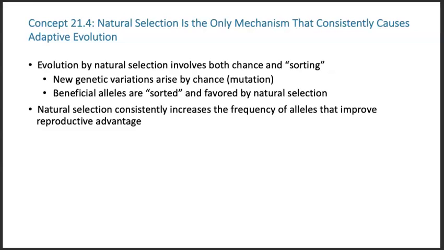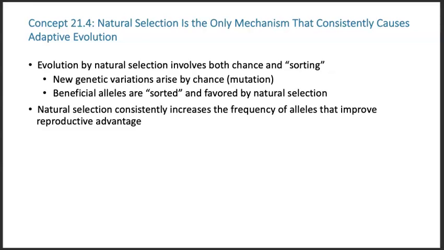So just to kind of wrap things up, of the mechanisms that I've mentioned so far, and of any of the 5 that we will be continuing to talk about, natural selection is the only mechanism that consistently causes adaptive evolution. Evolution by natural selection involves some chance, because remember that mutation is a chance event, right?